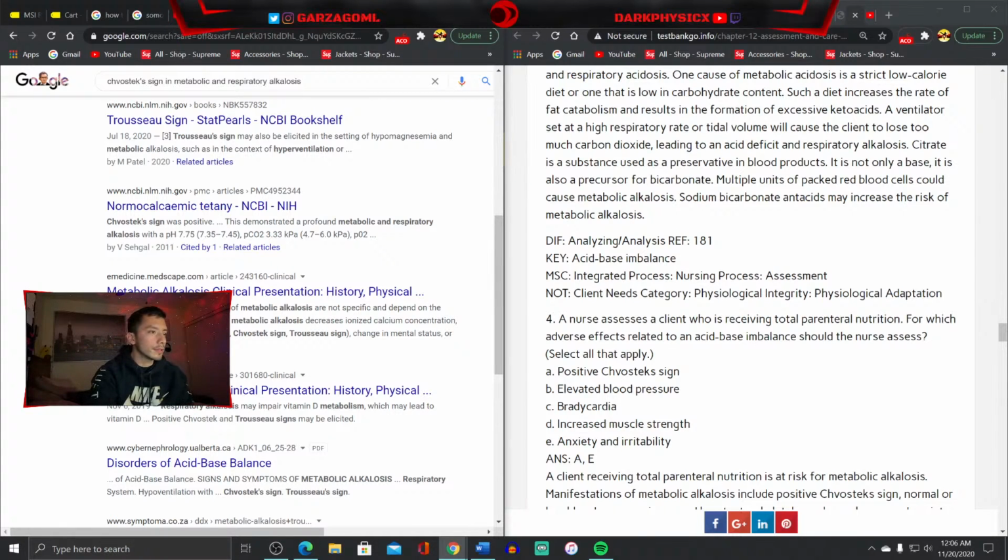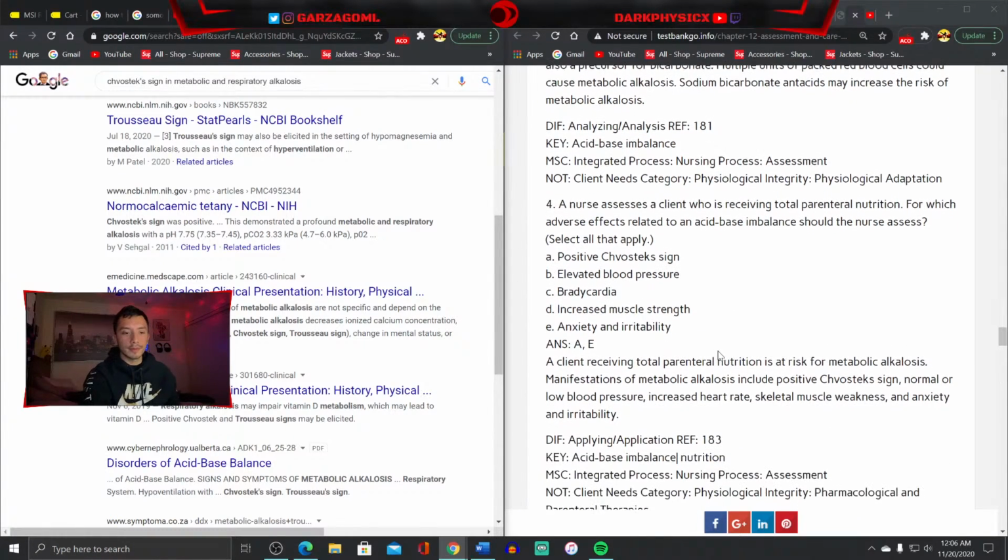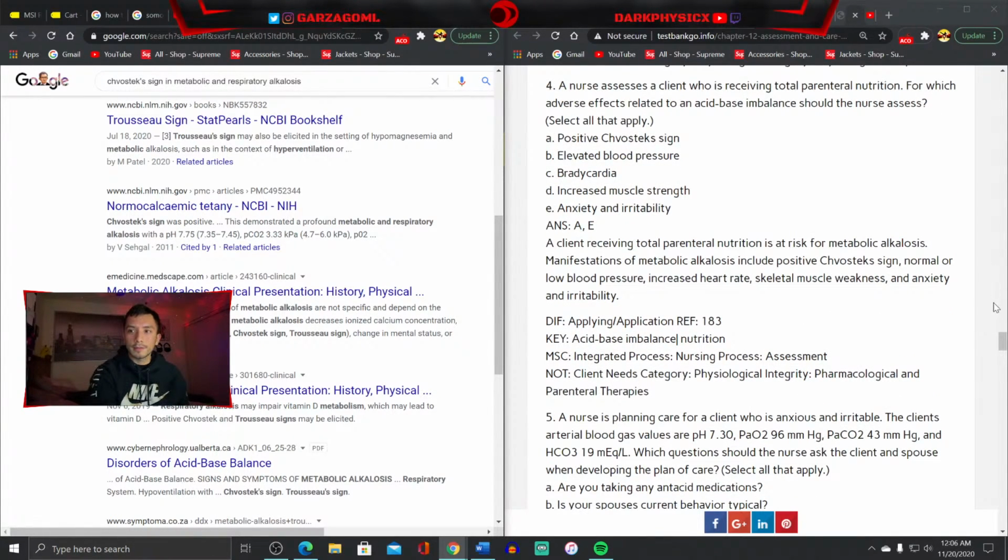Okay, there it is. Oh, my professor didn't teach us that. They taught us the tetany for sure for metabolic. Okay, well, there's that.